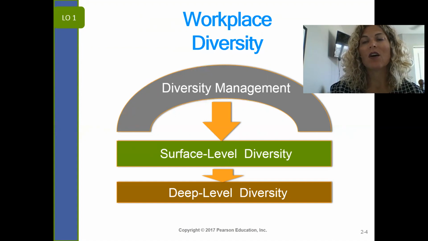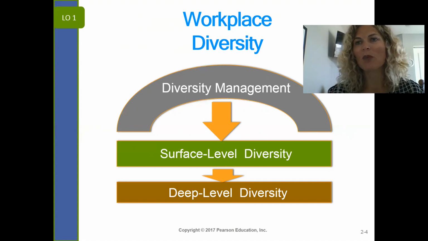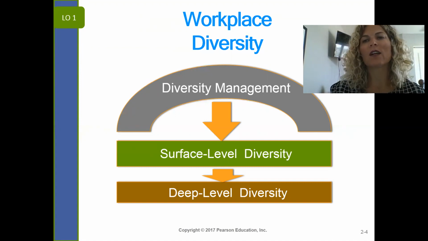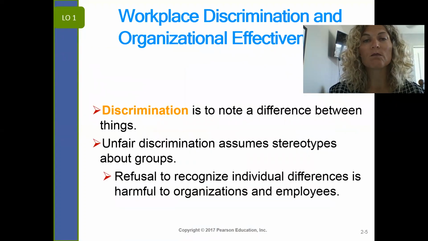Diversity is also personality, values, background, experiences, where you grew up, where you live. All these factors impact how diverse we are, and we want to recognize that as the big picture of what diversity is.